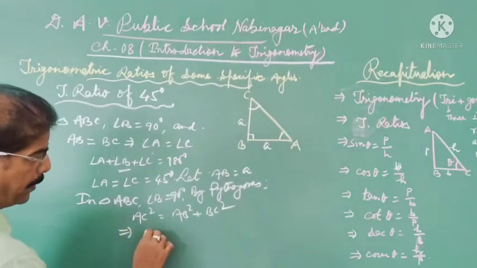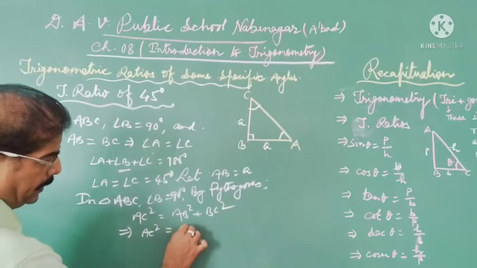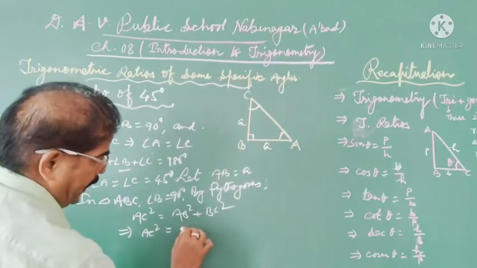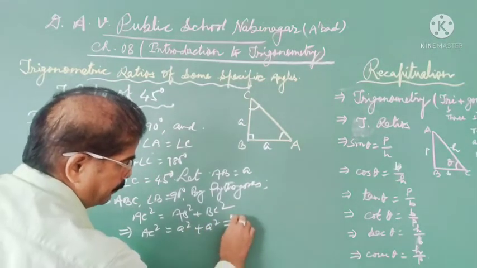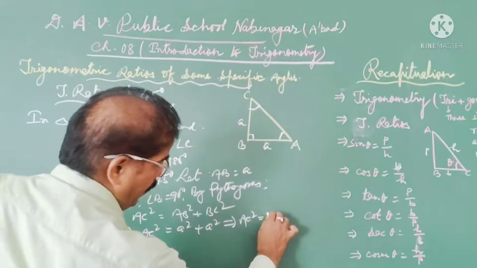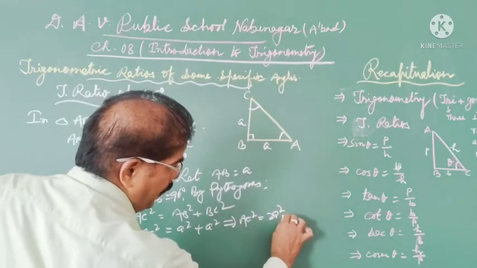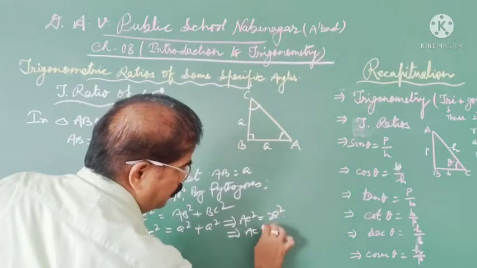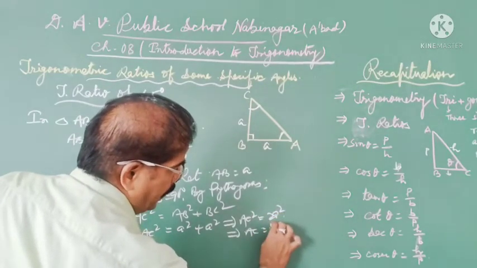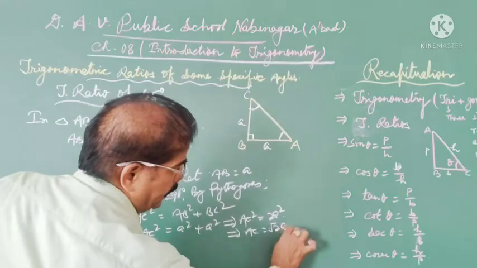That is AC square equal to a square plus a square, AC square equal to 2a square. So AC equal to under root 2a square, that is root 2 a.